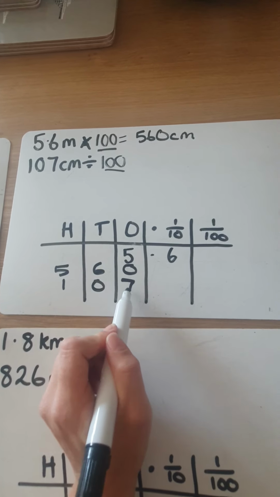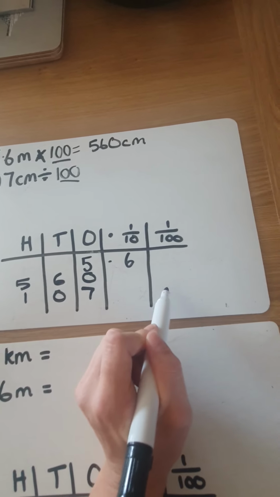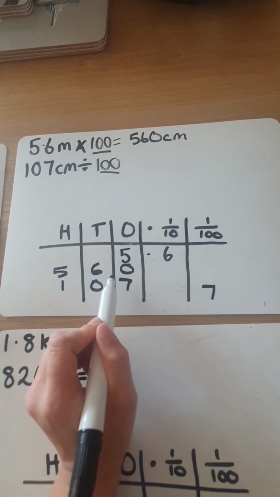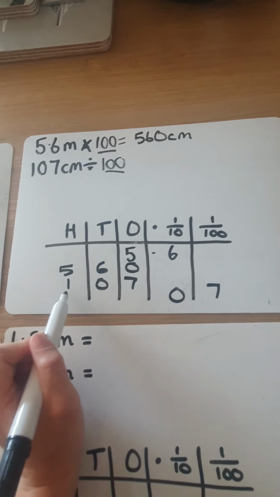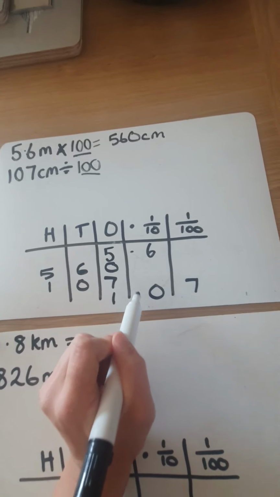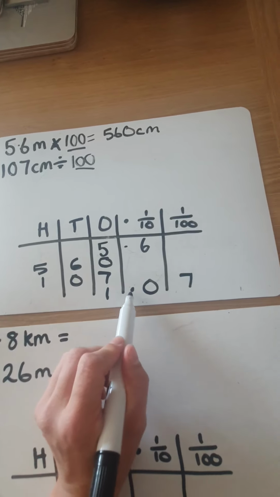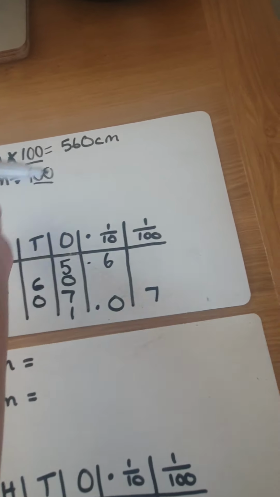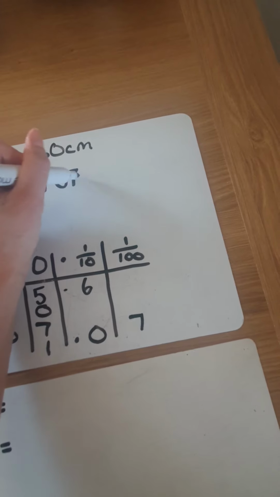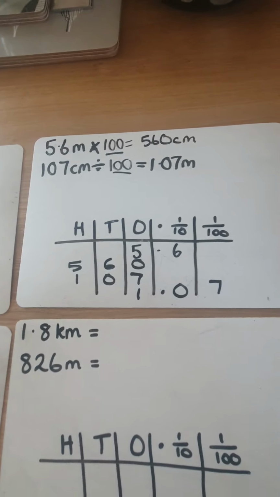So the 7 is going to go from the 1s to the 10ths to the 100ths. The 0 is going to go from the 10s to the 1s to the 10ths. And the 1 is going to go from the 100s to the 10s to the 1s. You need to pop your decimal point in, so you have 1.07. So 107 centimetres is 1.07 metres.